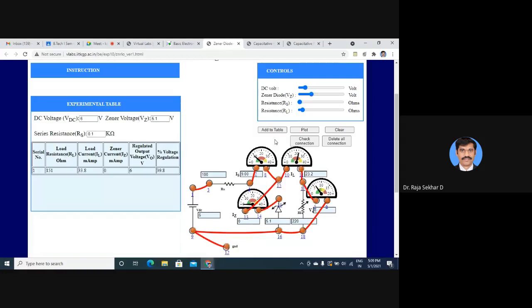In the morning, we saw the problems while doing the Zener diode problems.